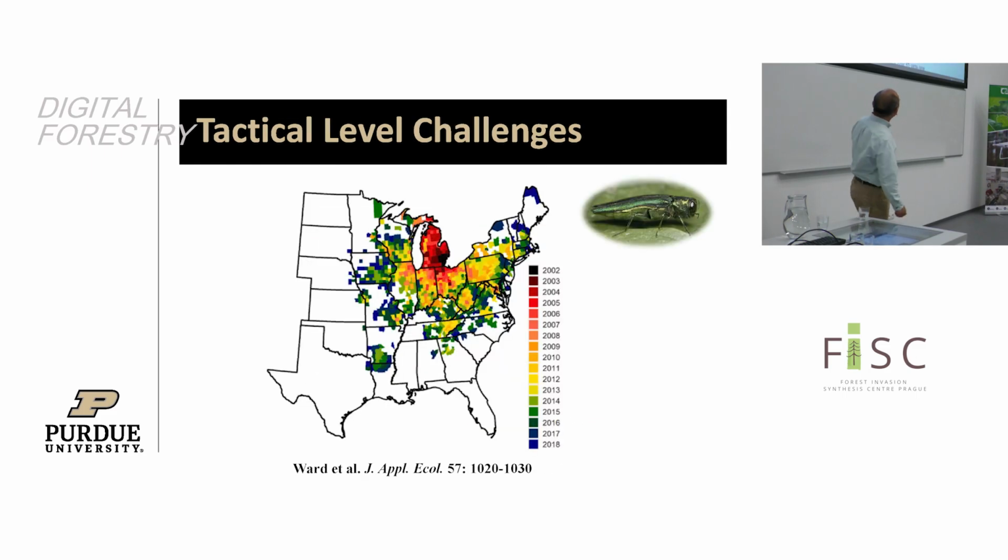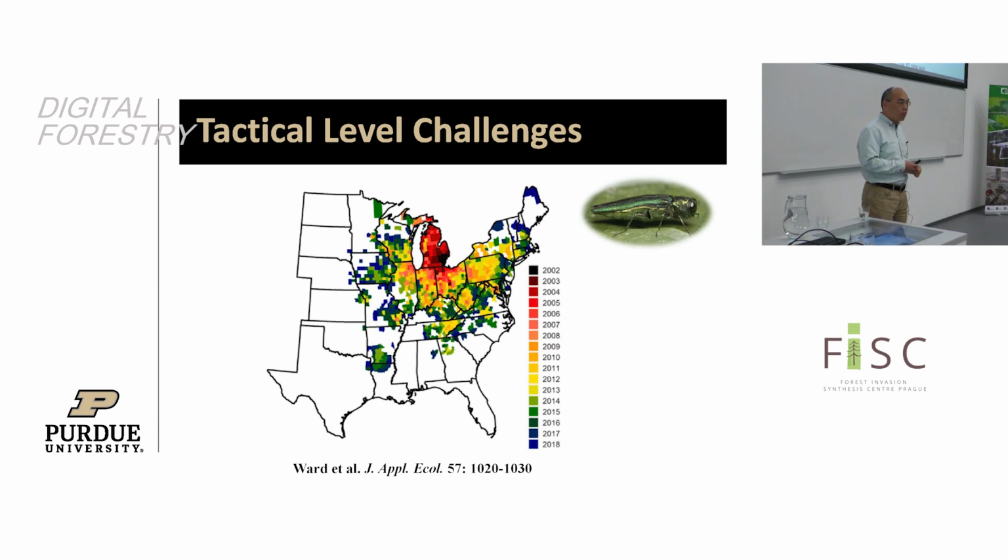Anyway, I want to move into the next discussion, which is the tactical level of thinking. You look at this famous EAB in North America, emerald ash borer, and this is a paper that Sandy and I co-advised, a postdoc, Sam Warder, worked on.